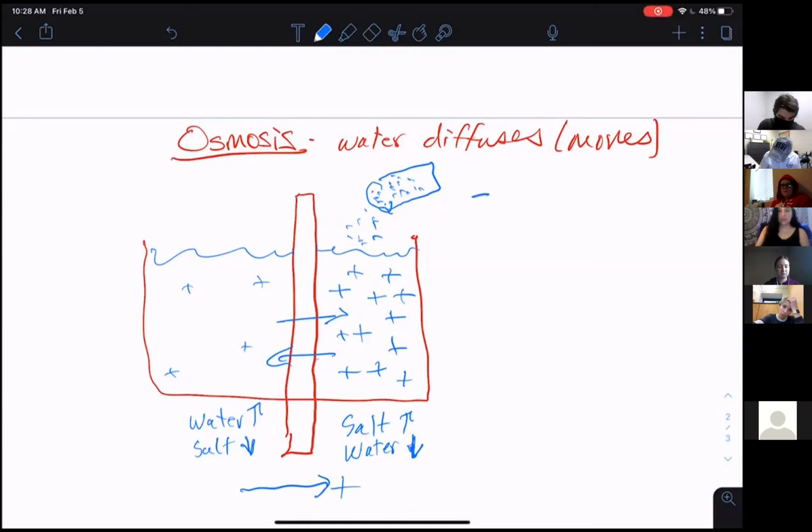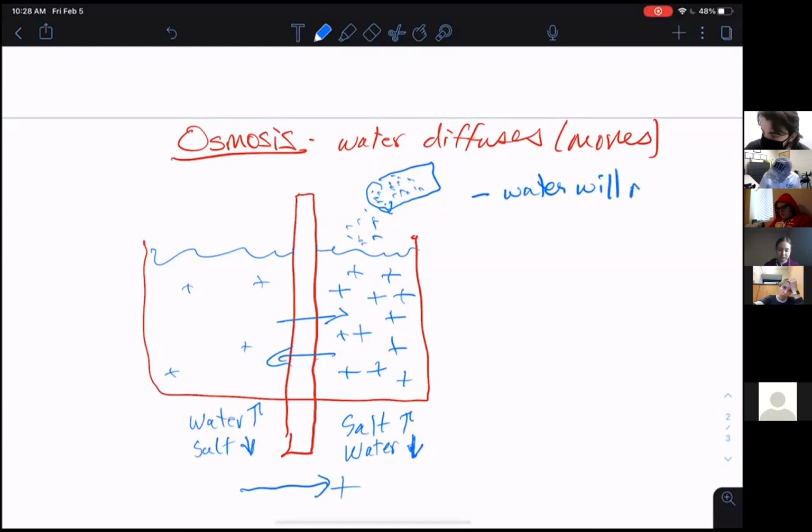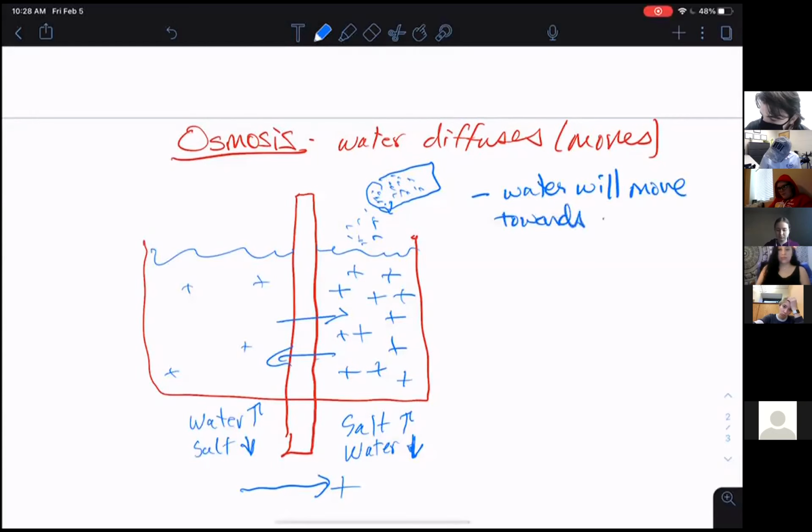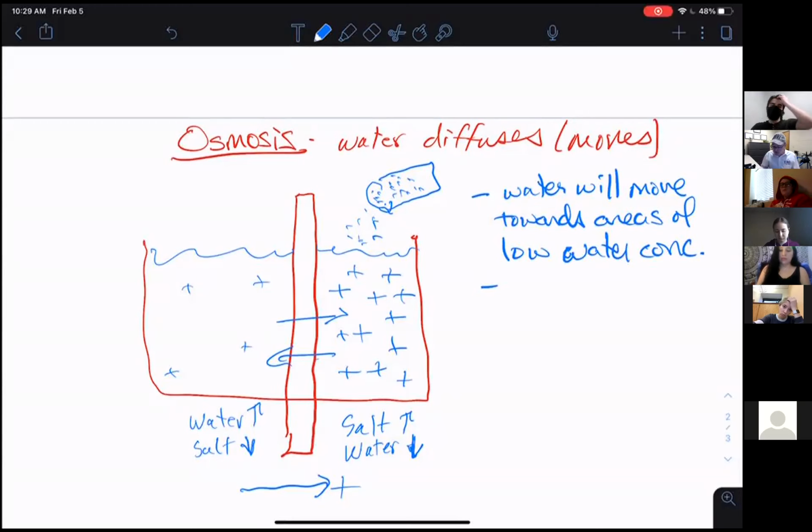So let's write that down. Water will move towards areas of low water concentration, okay? So typically, in order to figure out where you've got low water concentration, you look for places that have high solute concentration.